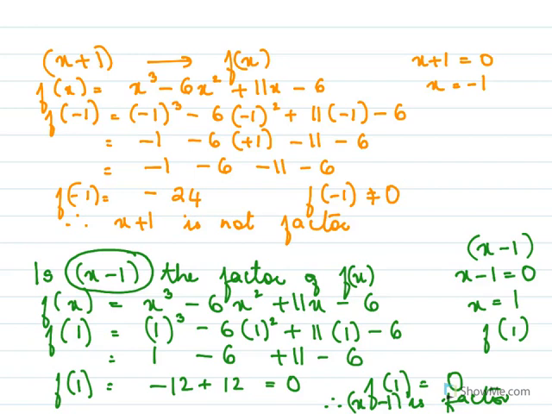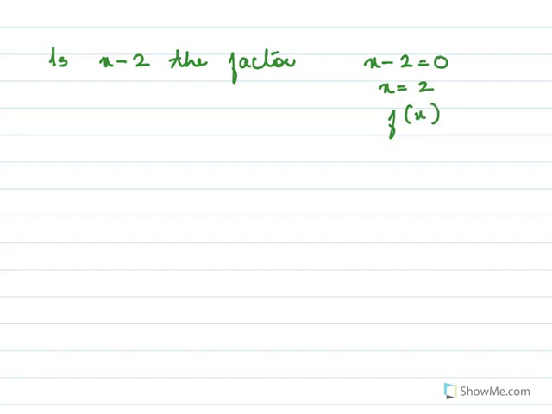Now we go ahead and choose. Remember, this will have three factors because the power is 3. It is x cubed here. It will have three factors. So one factor we have found is x minus 1. Similarly, you'll find out, is x minus 2 a factor? How will you find out? You'll do x minus 2 equal to 0, x equal to 2, and you'll find f of 2.